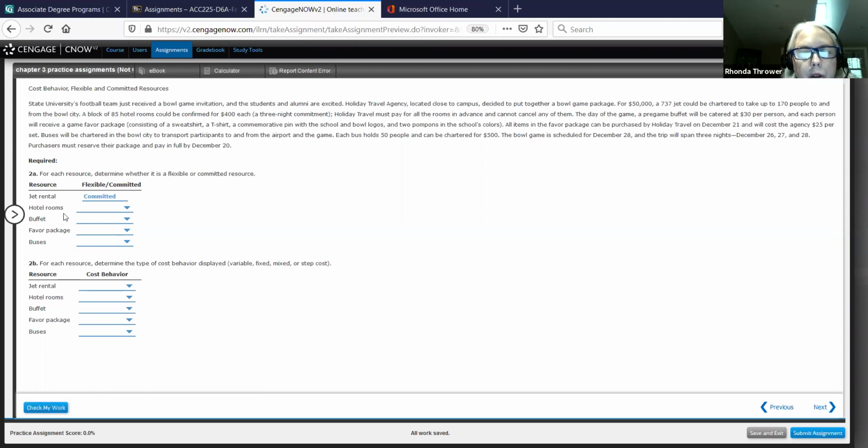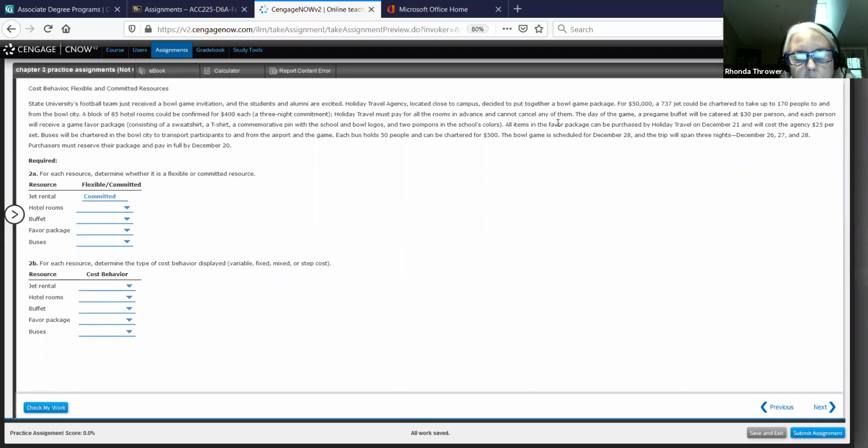The hotel rooms, where it says a block of 85 hotel rooms could be confirmed for $400 each. Travel must pay for all of the rooms in advance and cannot cancel any of them.